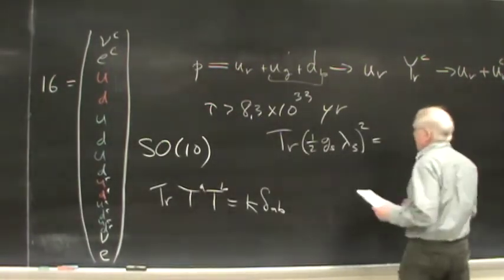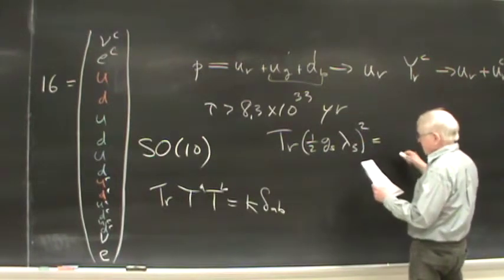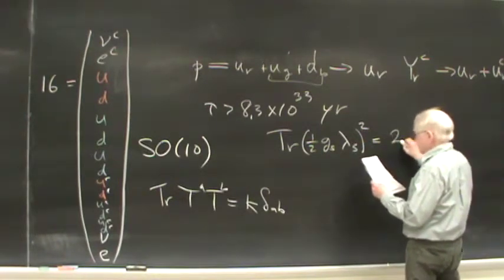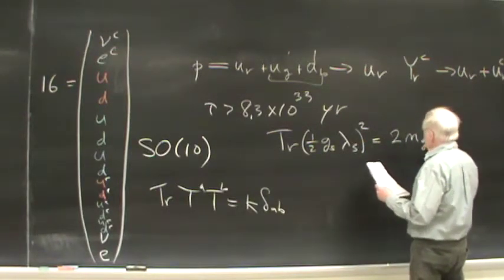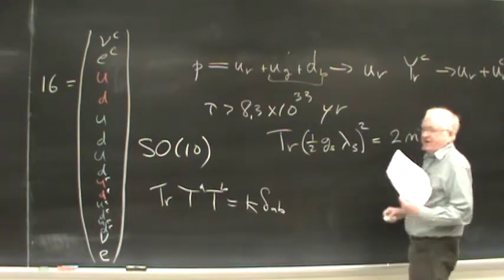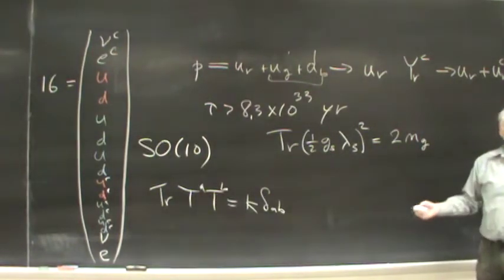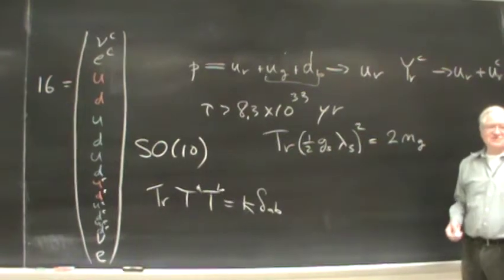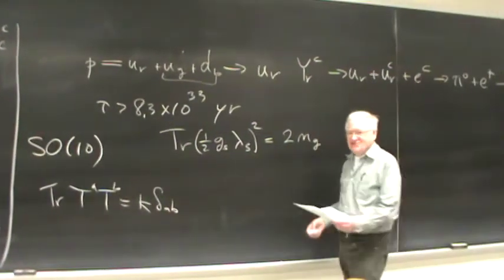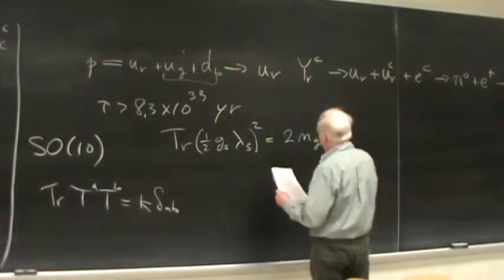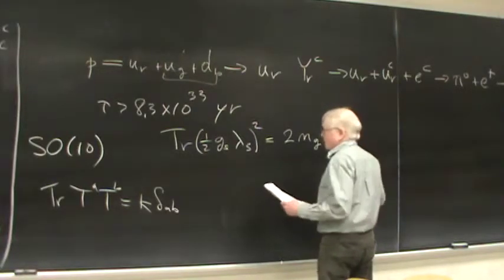And so if you add these up, what you get is twice the number of generations. I'm following Weinberg here, and of course he, instead of just doing it for one family, does it in general. What are we going to do? G strong squared.